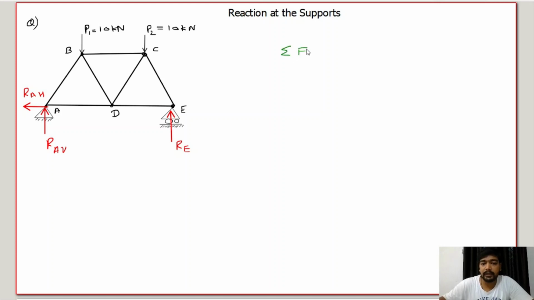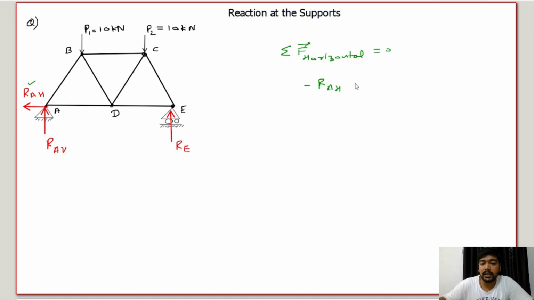First we will take the forces which are in horizontal direction to be 0. देखो यहाँ पे कितने फोर्स हैं हॉरिजॉन्टल में, and you will see कि यहाँ पर सिर्फ एक ही फोर्स है, that is RA. ओके, so minus RA. Why minus? Because it is pointed towards the negative x.